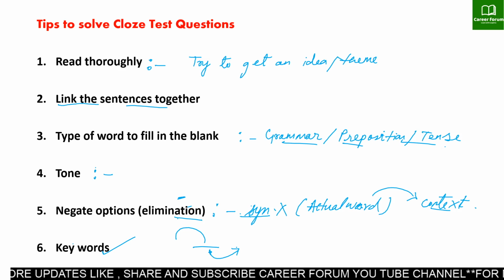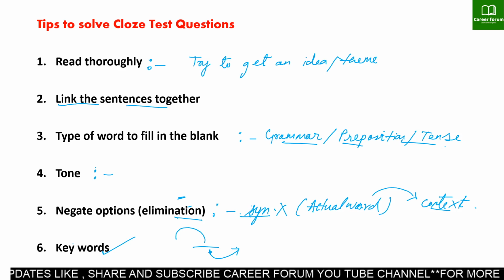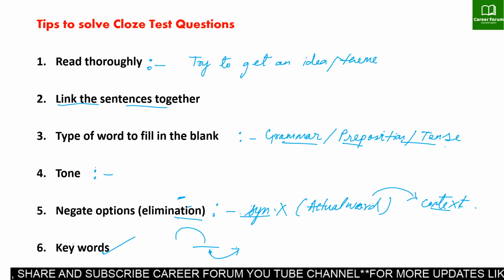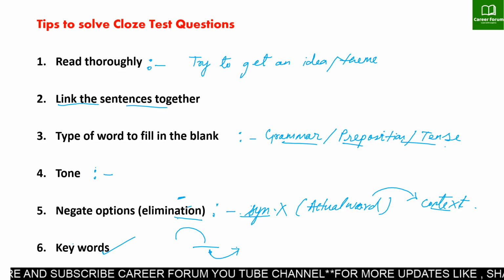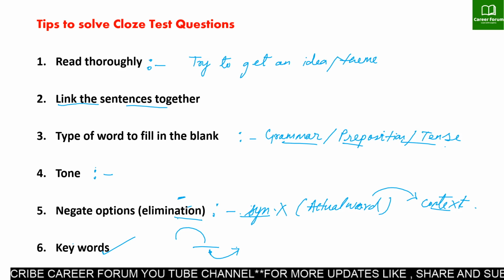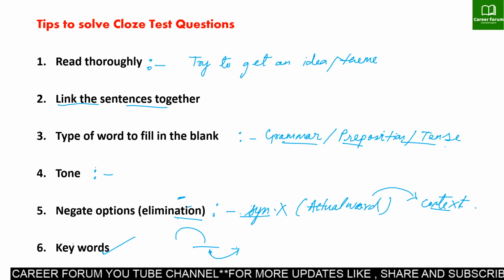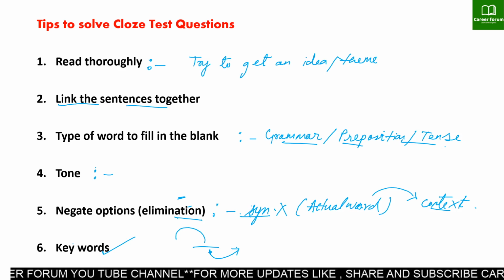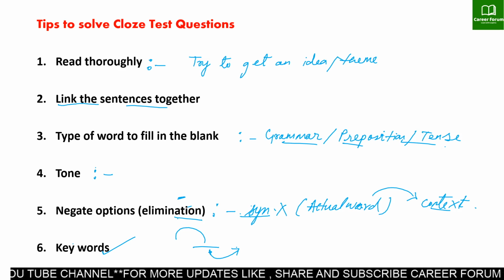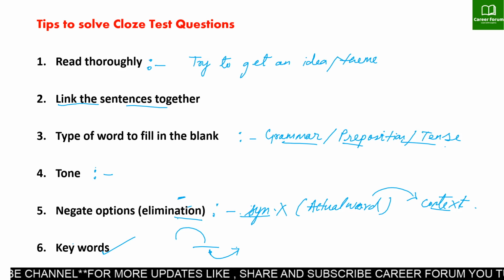Fifth is negating or eliminating options, which will help you choose the most appropriate choice, and keywords. Basically these six points are important to solve cloze test questions, and if you keep them in consideration, you will be able to solve any kind of cloze test question.